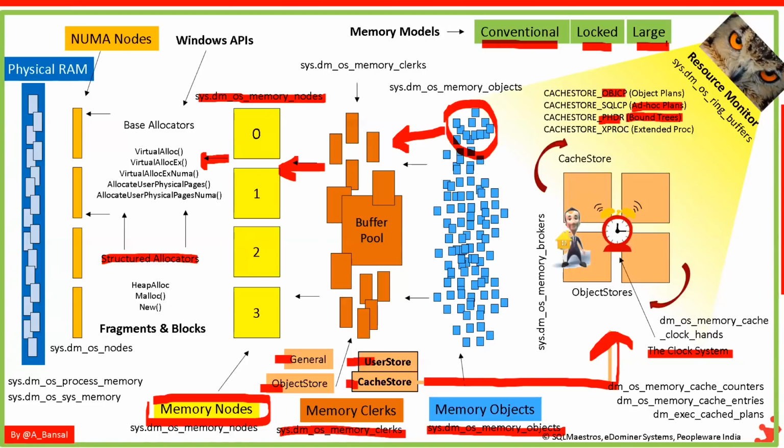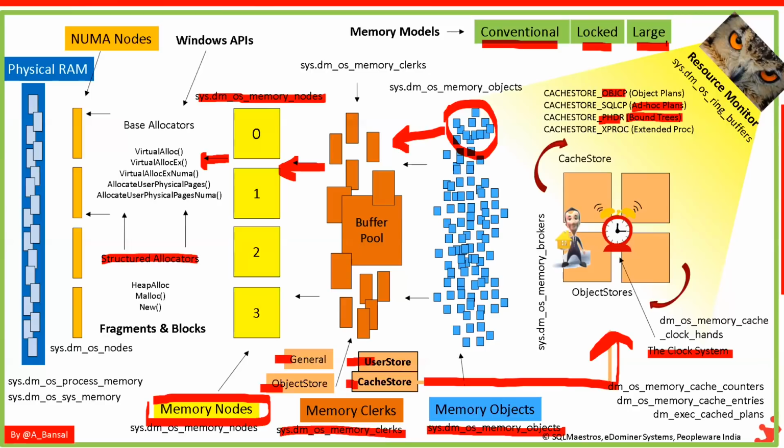If you turn on locked pages in memory, which means you're telling SQL Server on Windows that the amount of physical RAM that the engine is consuming should remain in the physical RAM and should not be paged out to disk, so there should be no soft page fault or hard page fault, which is a good practice for SQL Server because you want that memory to remain in memory. That's the locked memory model. And I assume many of you are already running your SQL Server environments in the locked memory model.